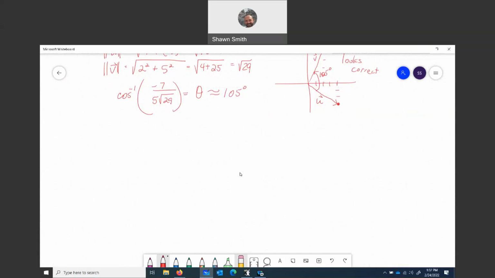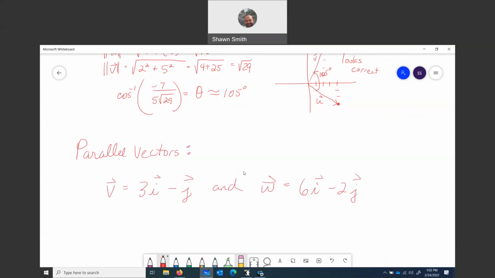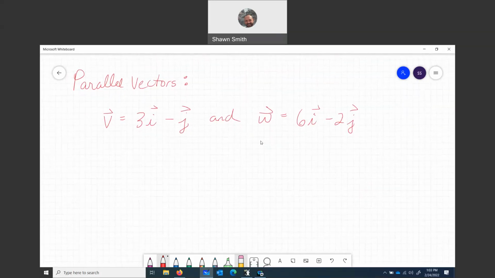All right, parallel vectors. Let's say v is 3i minus j and w is 6i minus 2j. Let's just plot them and we can definitely see.